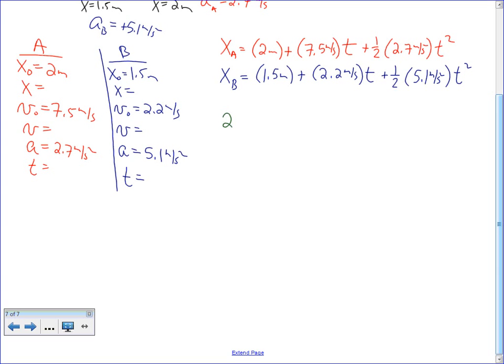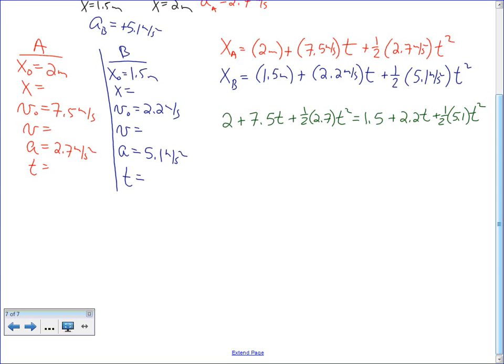So I'm going to have 2 plus 7.5t plus 1/2 times 2.7 times t squared is going to equal 1.5 plus 2.2t plus 1/2 times 5.1 times the quantity t squared. And so here I don't have any terms that cancel out. I can't divide both sides by a t. And so this is going to be a quadratic equation that I'm going to have to solve.